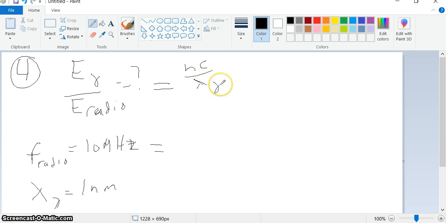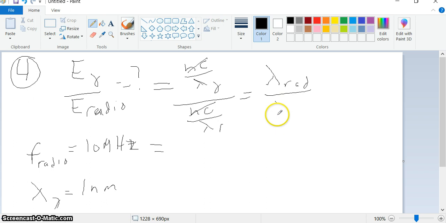That would be on top, divided by hc divided by the wavelength. I'll just use an R for radio. Notice the hc's cancel, and if you rearrange this, it puts the wavelength of the radio on top. So it's lambda radio divided by lambda of the gamma.